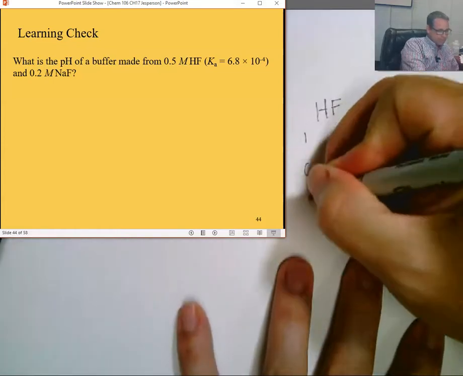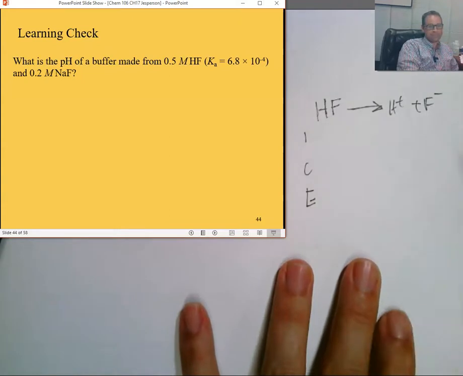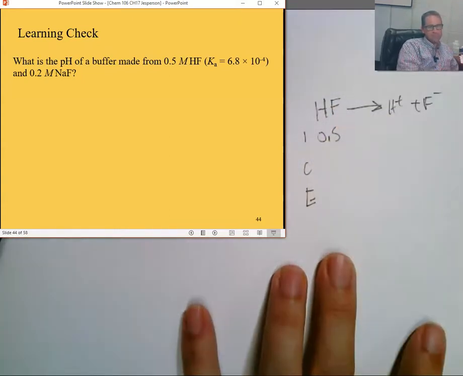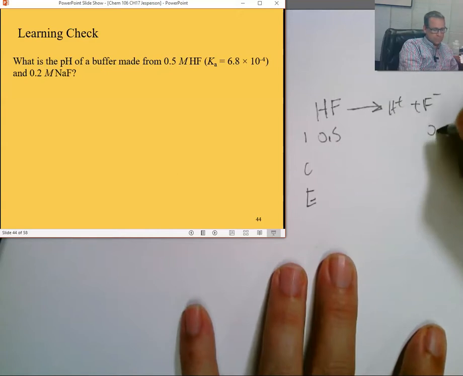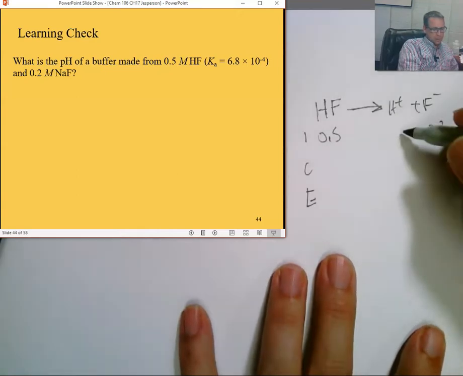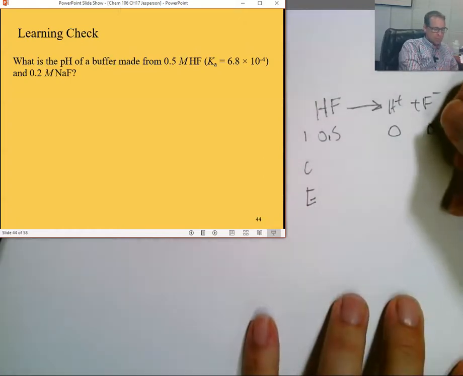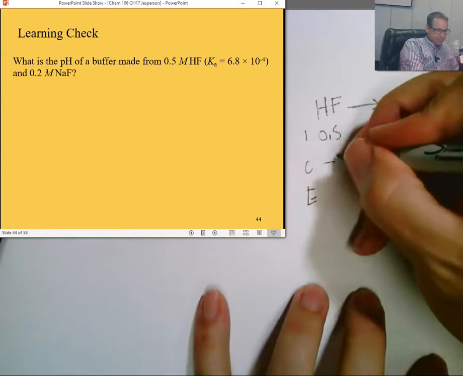Now, we use our ICE table and we're just going to put 0.5 under HF. And then we can use the 0.2 for the F minus. And we can put a 0 under H plus. Because of that 0, we know that it's going to move towards the product.